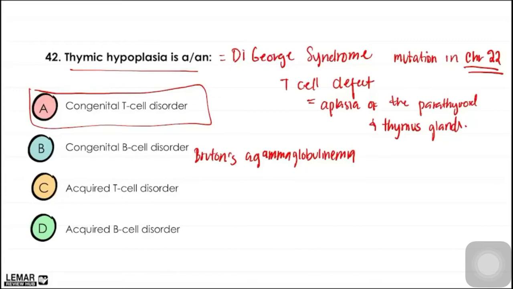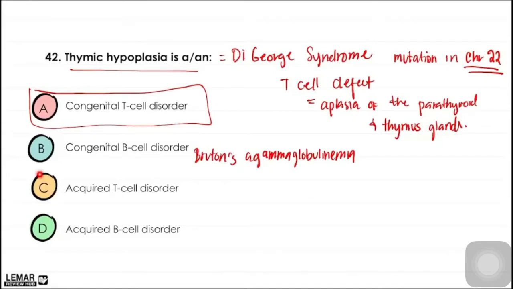This will lead to the arrest or halt of B cell development at the pre-B cell stage of cellular development. So that is a congenital B cell disorder.